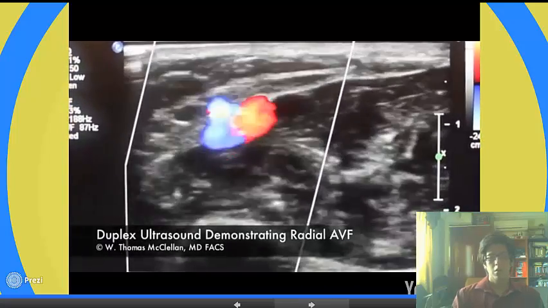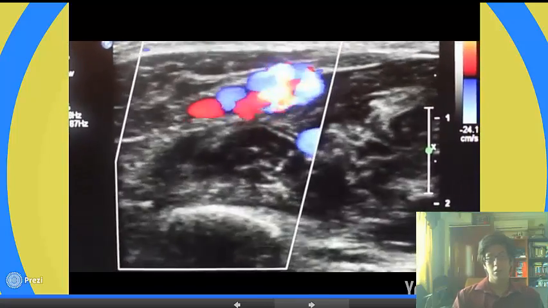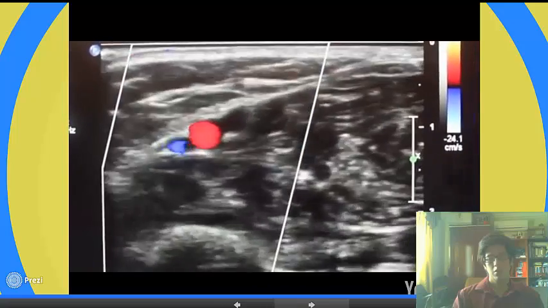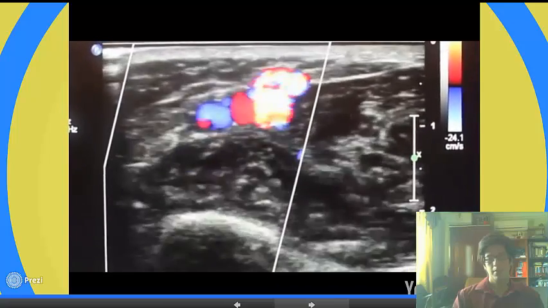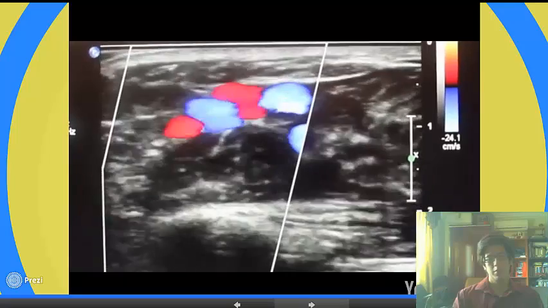Here's a duplex ultrasound of the distal radial artery showing the arteriovenous malformation. You can see it here in the confluence of color.